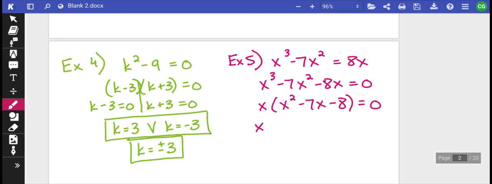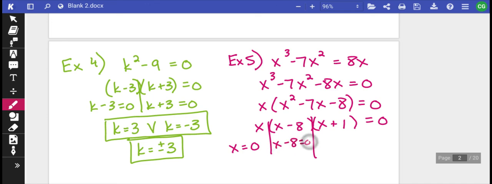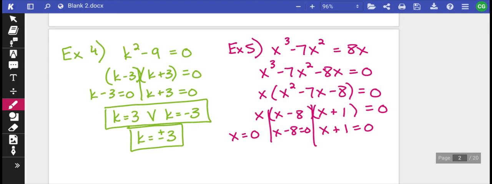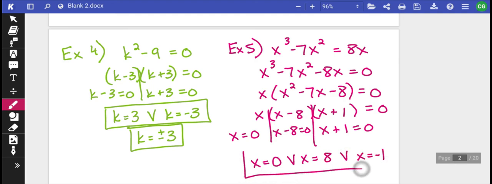I'm going to bring that x down, and now I'm going to factor. I'm looking for numbers that multiply to negative 8, add to negative 7, so negative 8 and positive 1. Now that I have all 3 of these factors, I'm actually going to get 3 answers. This happens to be a cubic equation, so it might cross 3 times. So my answers are x equals 0, x equals 8, x equals negative 1.